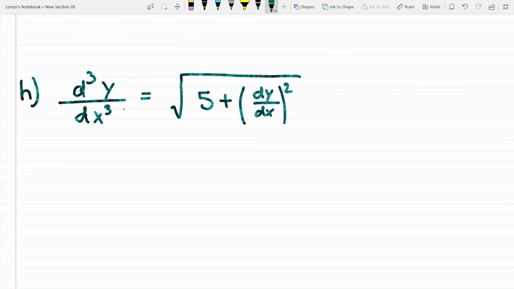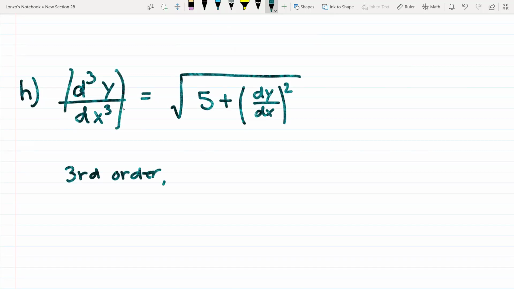Okay, this one, what order is this? This is the third derivative. That's the highest derivative, so it would be third order. And is this linear or not? This one is fine.